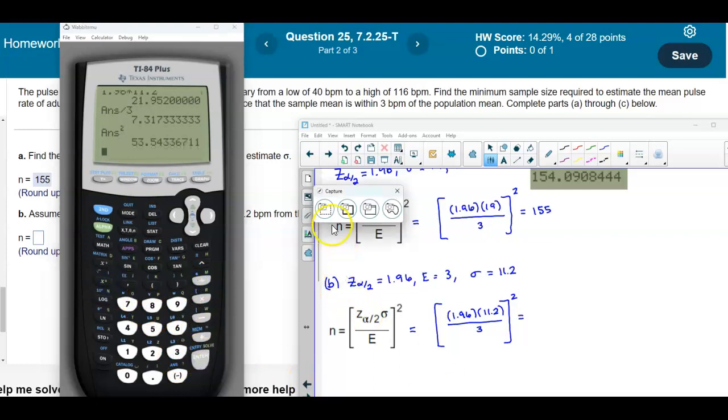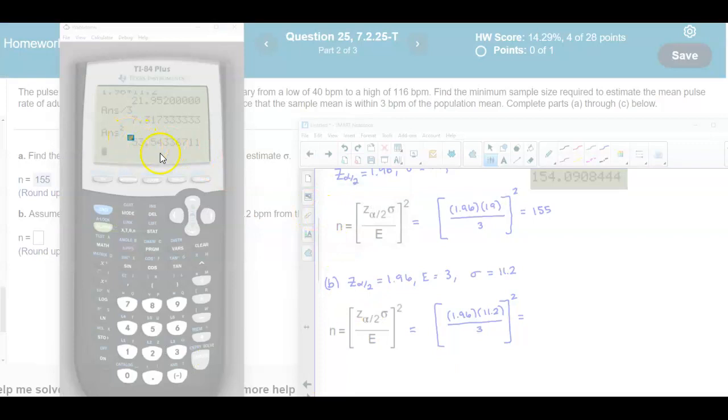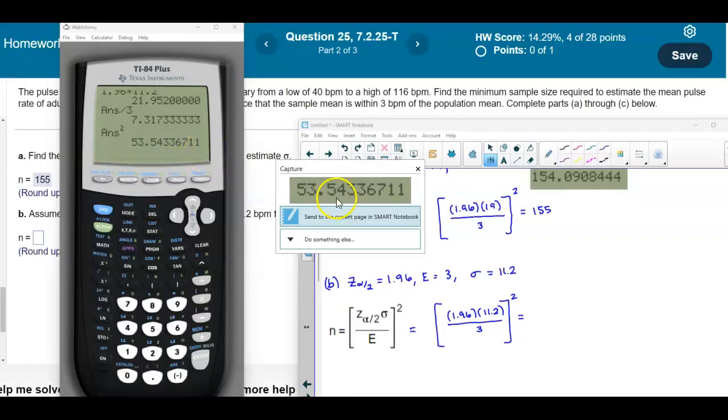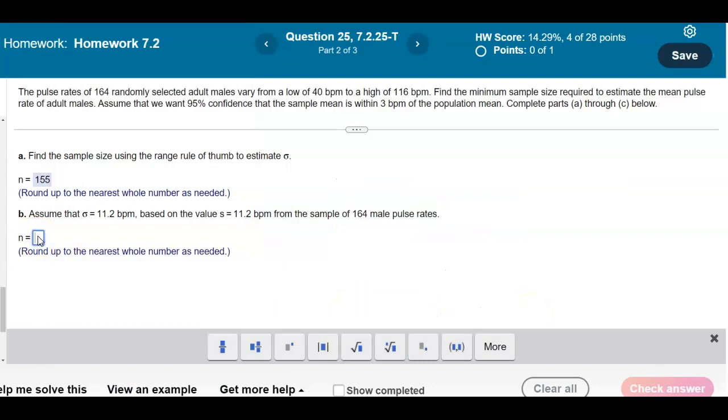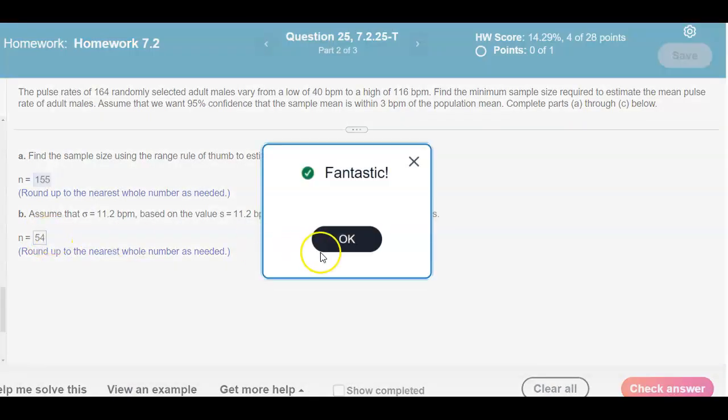We get 53.54336711. Again, we need to round up to the nearest integer, which gives us 54. Let's put our result in here, and we get 54.